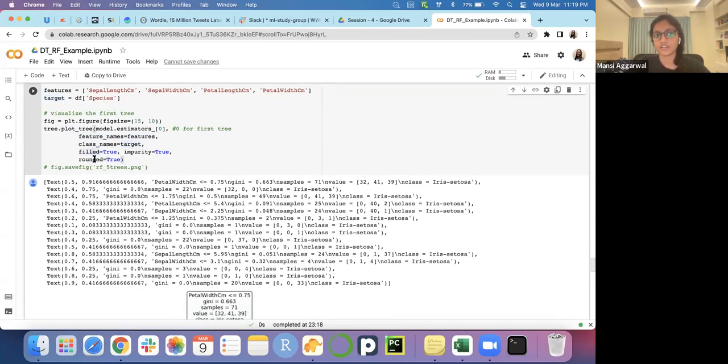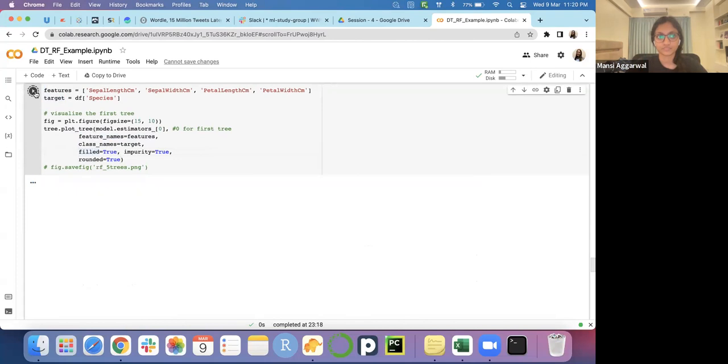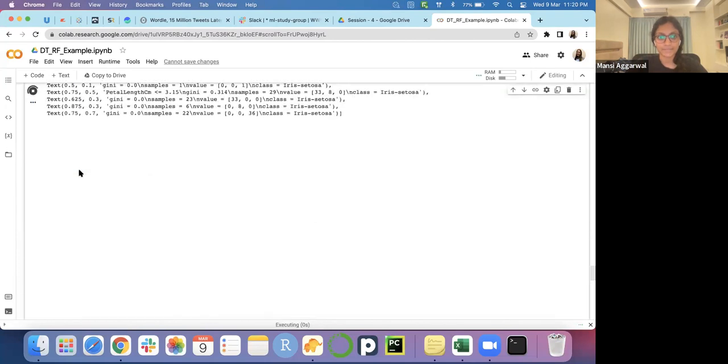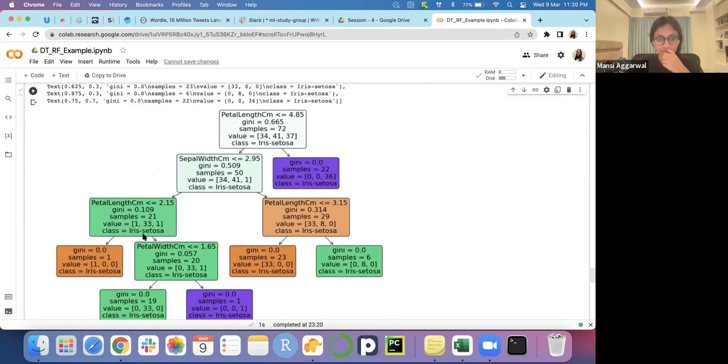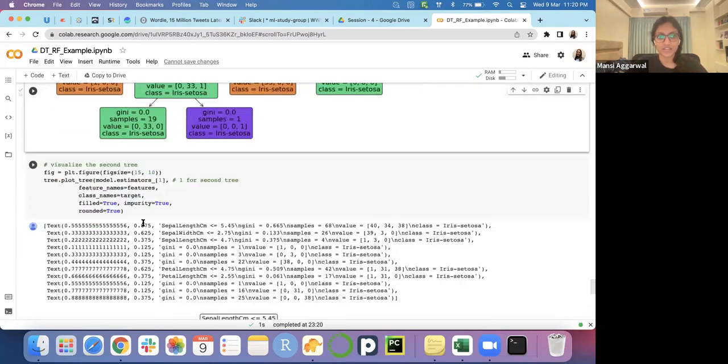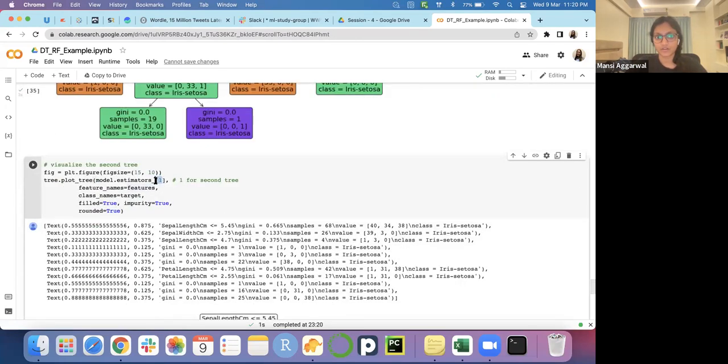Filled, impurity, and round are plot parameters. After the session you can try changing the Boolean values from true to false and see what it gives you. Okay, this is the first tree. If we want the second tree, we will use the index 1.